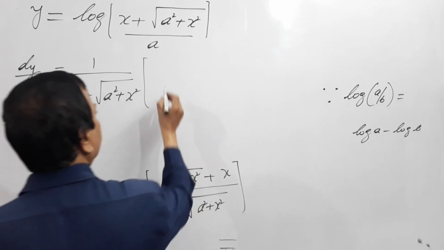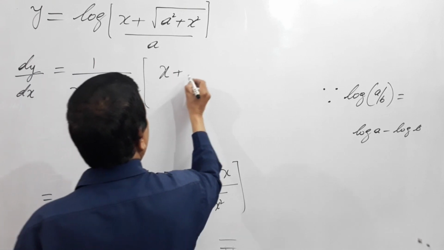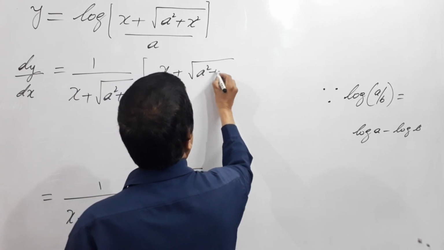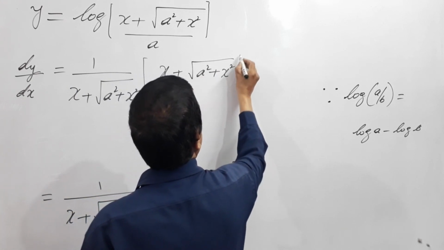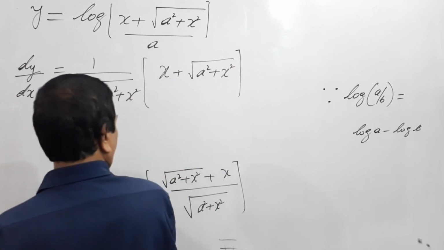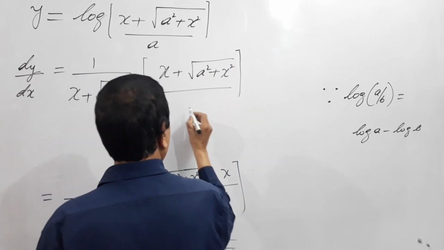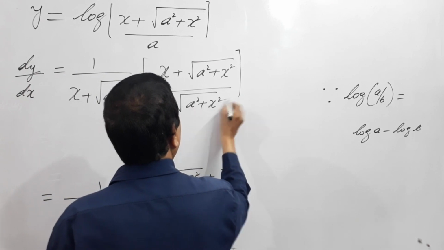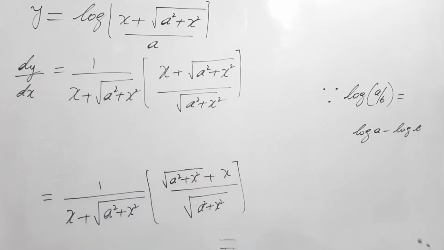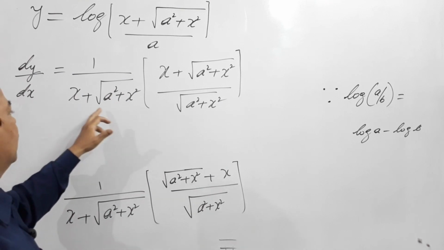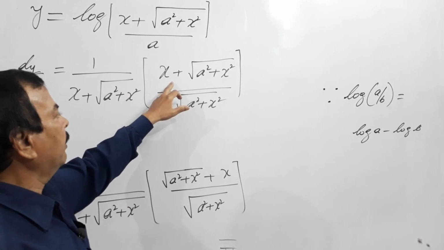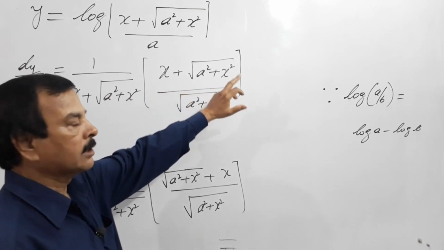I'll rearrange this: I write x plus under the root a square plus x square divided by under the root a square plus x square. Done. So note here we have x plus under the root a square plus x square, and in the numerator we have x plus a square plus x square.